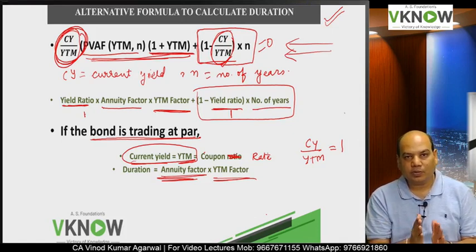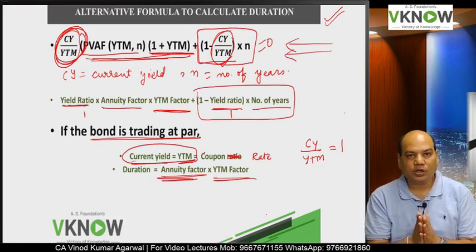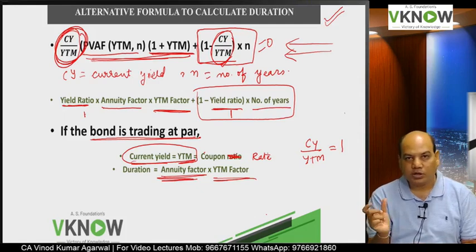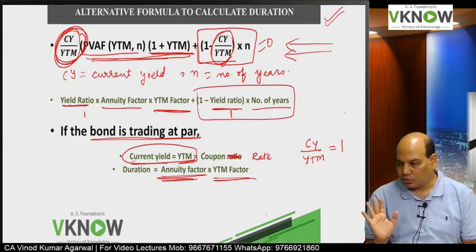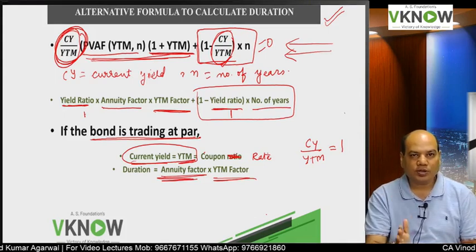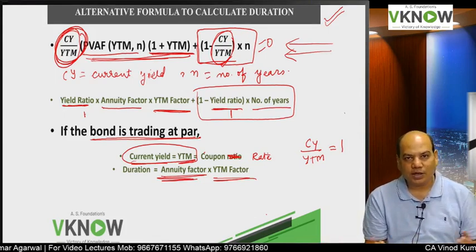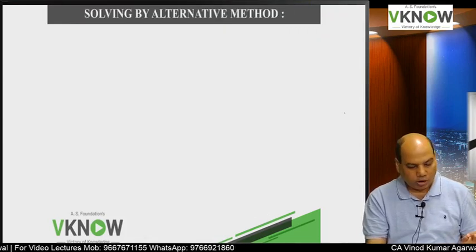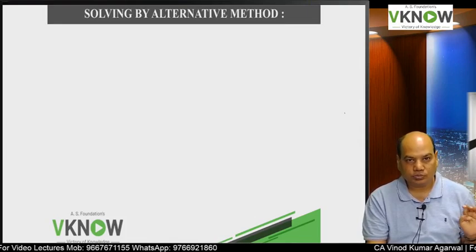Annuity factor will be present value annuity factor for given YTM and number of years, and YTM factor means 1 plus YTM. So in one question I am going to use this shortcut where I am sure that the bond is trading at par, so it will save time for me. Is it right? Now come back to question number 42.